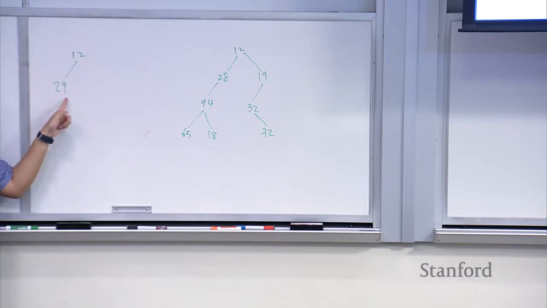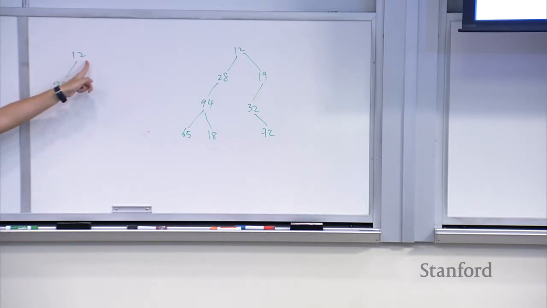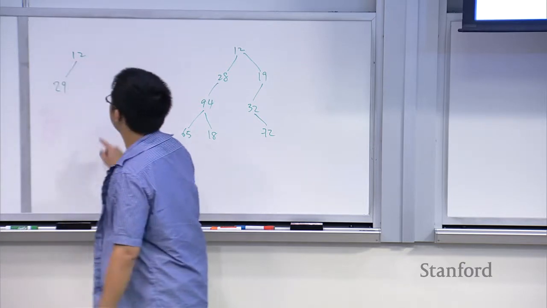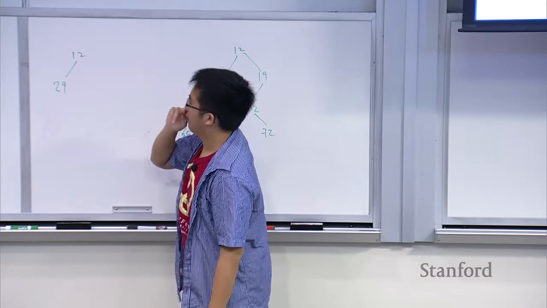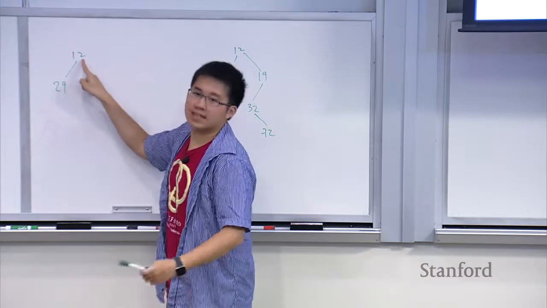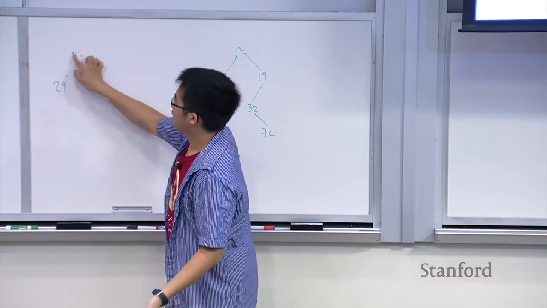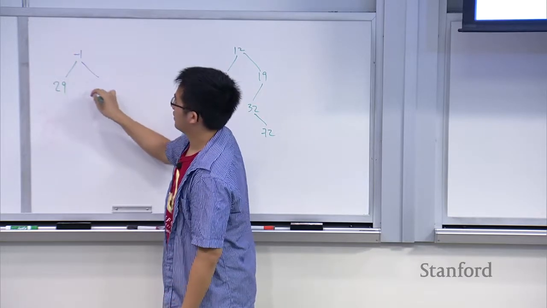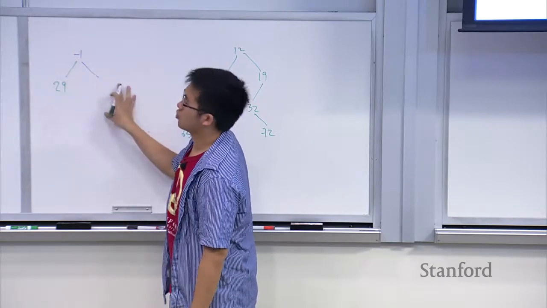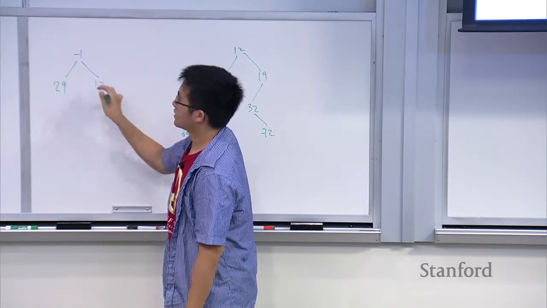Let's look at the small example over here. This node has 1 child. So what we should do is look at which level this node appears at. It appears at level 1. We're going to turn this node into a -1, and whatever child is missing, we make that the original root node itself.